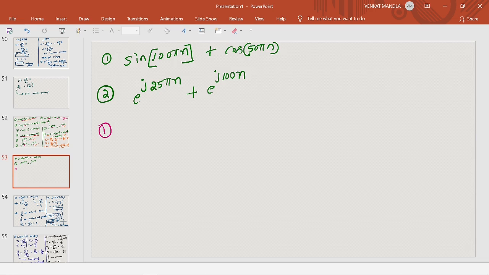N1 equals 2π by ω₀ into k. I already derived this. With ω₀ equal to 100π, N1 equals 2 by 100 into k, that is 1 by 50 into k.